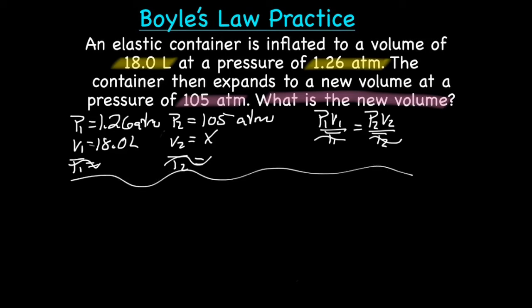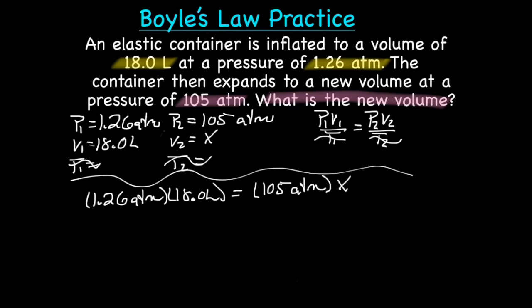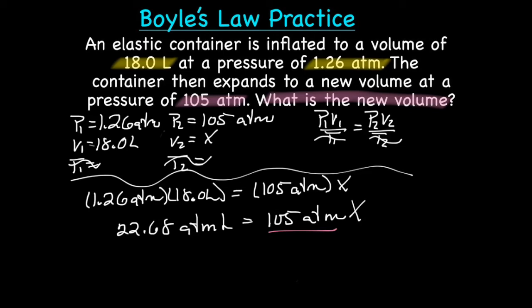So now all we have to do is plug this in. So we're going to have P1 times V1, or 1.26 atm times 18 liters equals P2, which is 105 atm times V2, which is our X. All right, and when we go to multiply on the left, I came up with 22.68 atm liters equals 105 atm X. All right, now we need to solve for X, which means get the X by itself, so we will divide both sides by 105 atm.